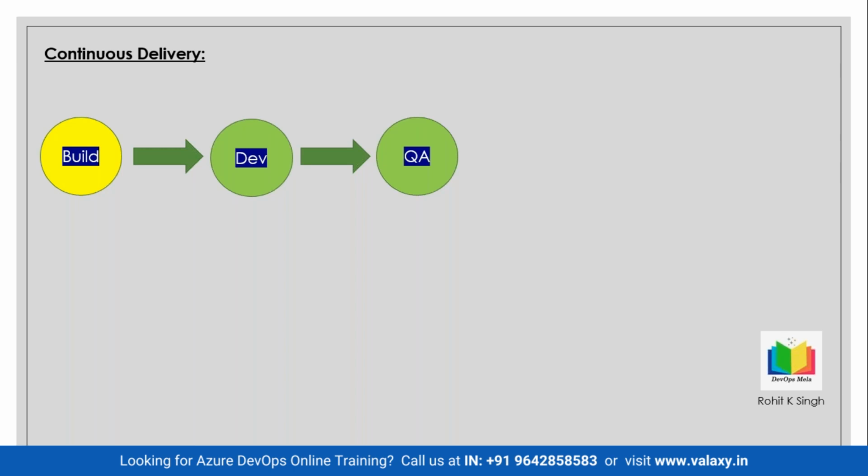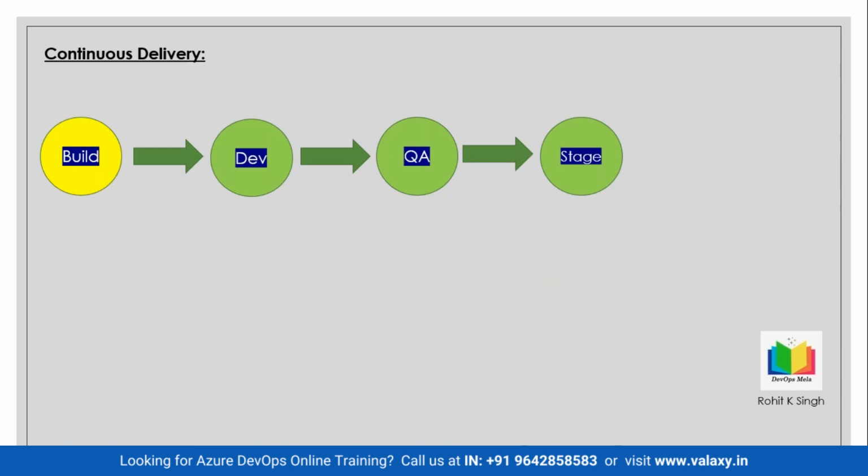So in continuous delivery, once your build is successful, automatically your changes will be deployed into the dev and QA environments. Once deployed into the lower environment, your stage environment pipeline will get triggered. Stage is an upper environment.